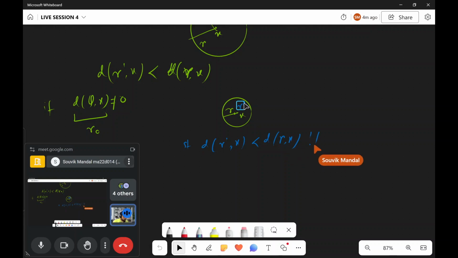And that contradicts the minimality of this d(Q, x) equal to r naught. So this implies that the distance between the set of rationals and x equals 0. So this is what it is.